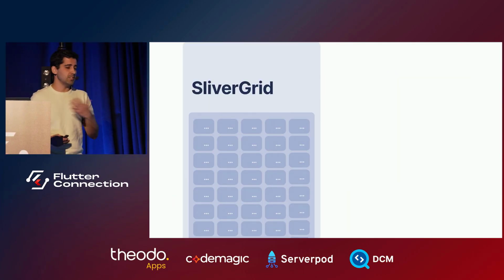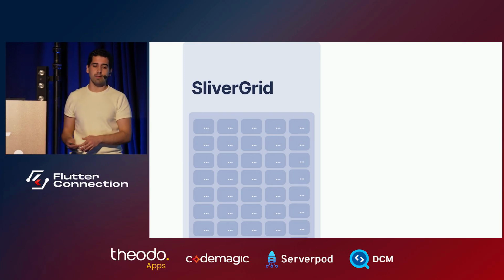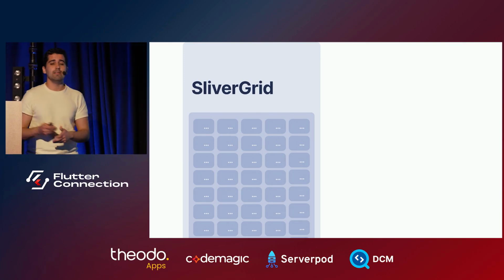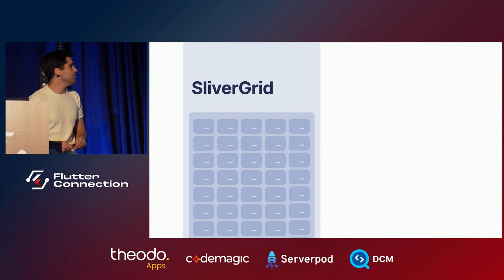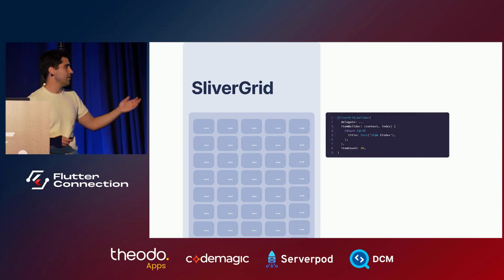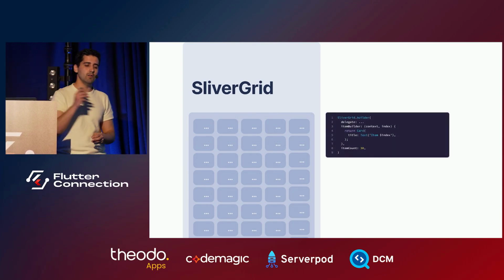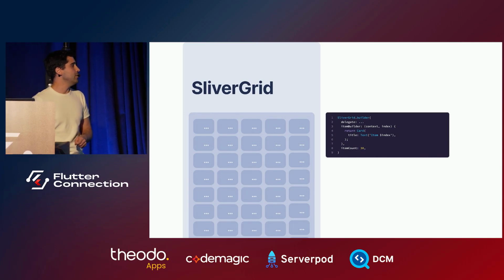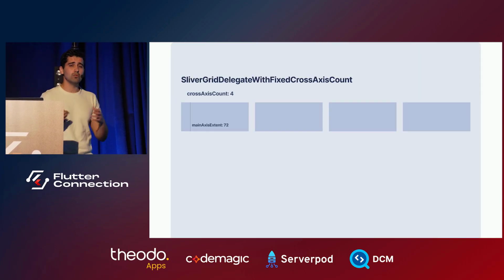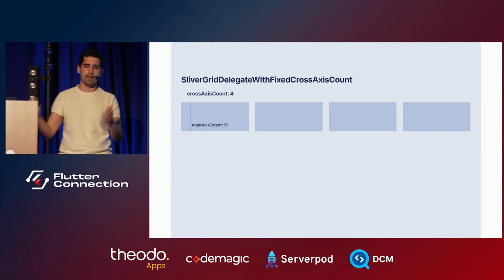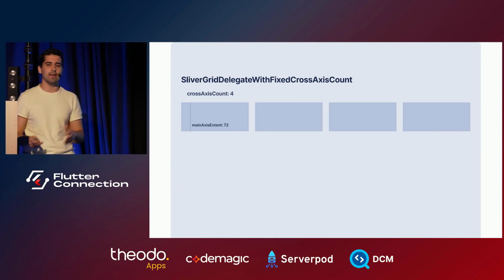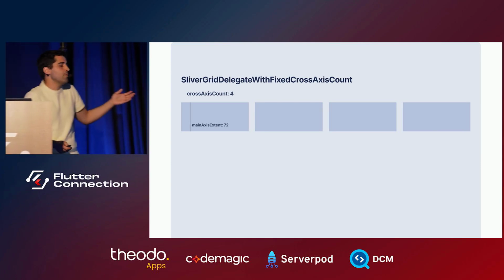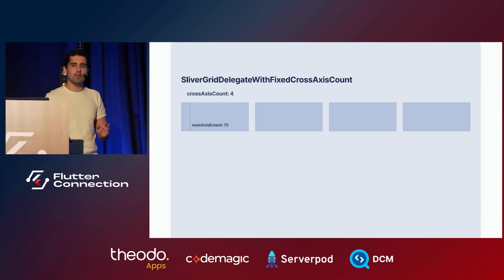If we want something similar to SliverList, but in a grid, we can use SliverGrid. I don't want to go very deep, but let's cover the basics. Same as before, we use an item builder to specify just the items that we want to build on the screen. And then to decide the size of our items, how many columns we want, we have to provide a delegate, and there are two options, not very easy to pronounce.